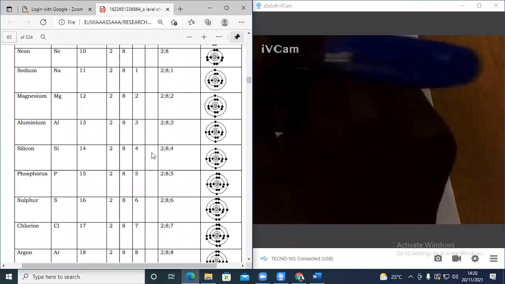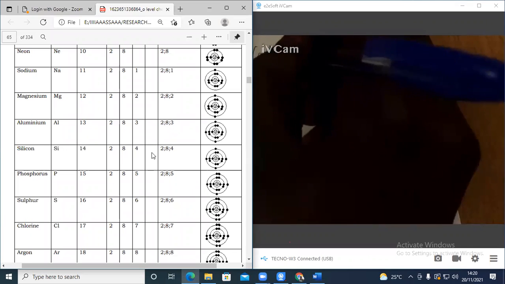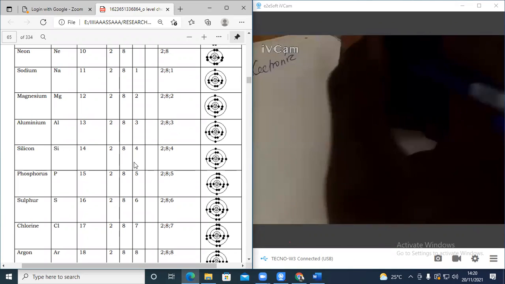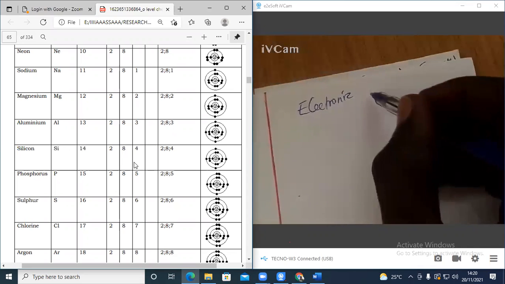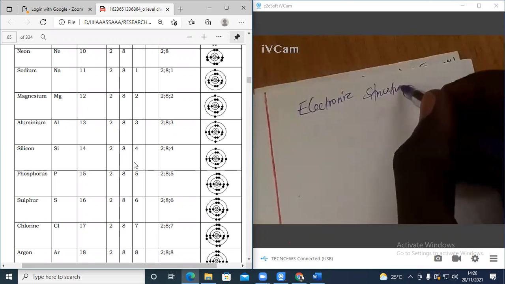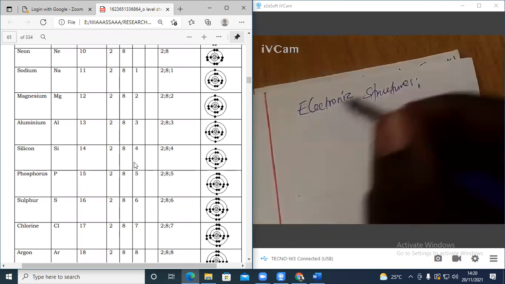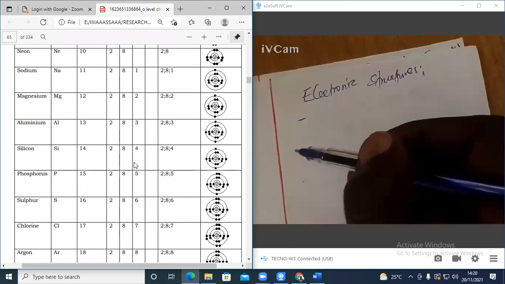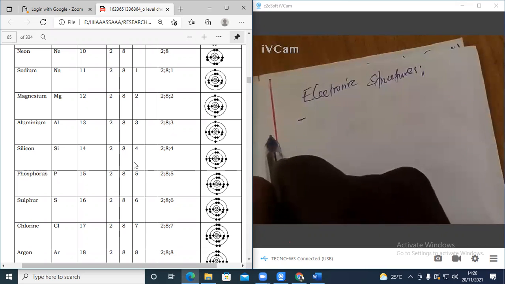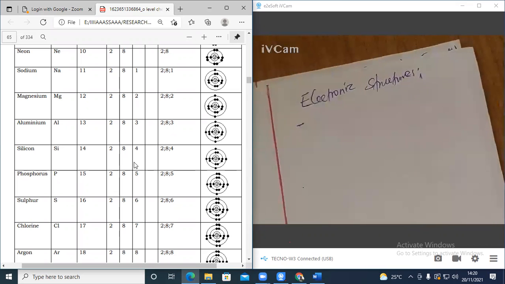If you have drawn the electronic structures, what do you observe? If you move from up to down, that means we are looking at the groups. What is increasing?